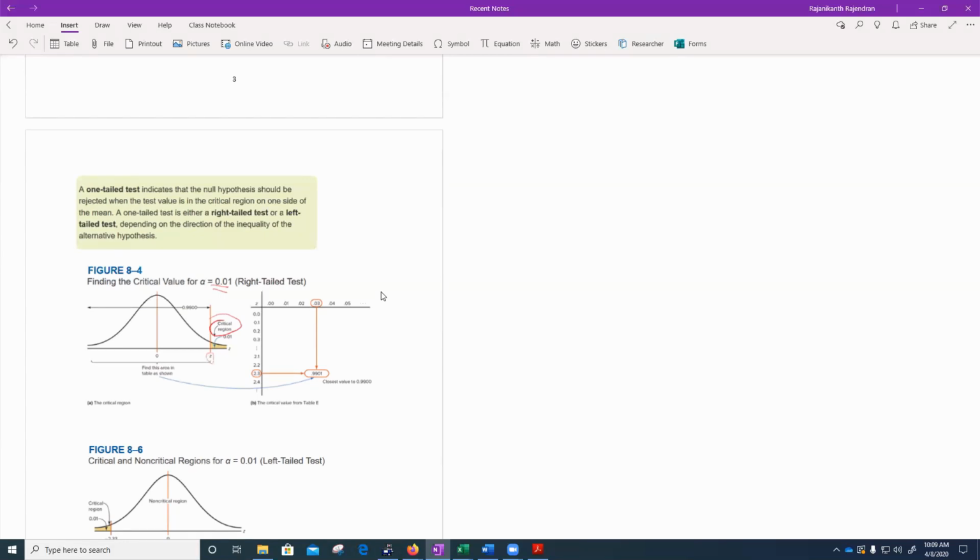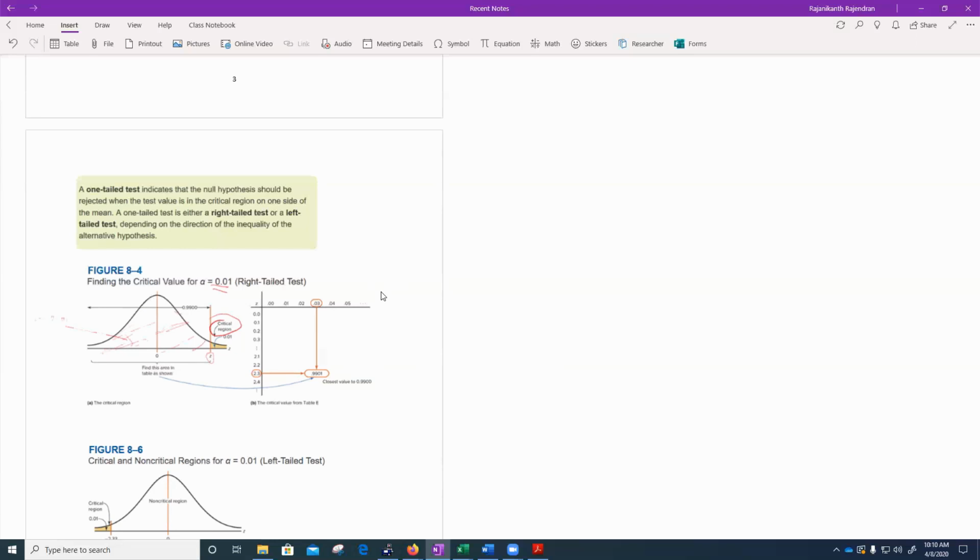Look at the table. You know the area, right? Remember, if you want to find the z value, you have to plug in the left area up to that point. So the right area is 0.01. Therefore, the left area is whatever is left over on this side. You have to subtract 0.01 from 1, right?